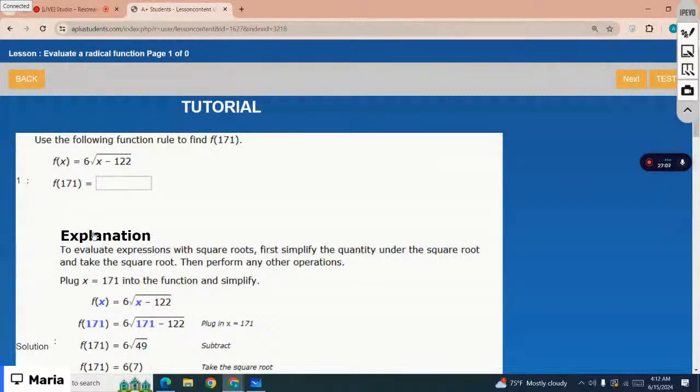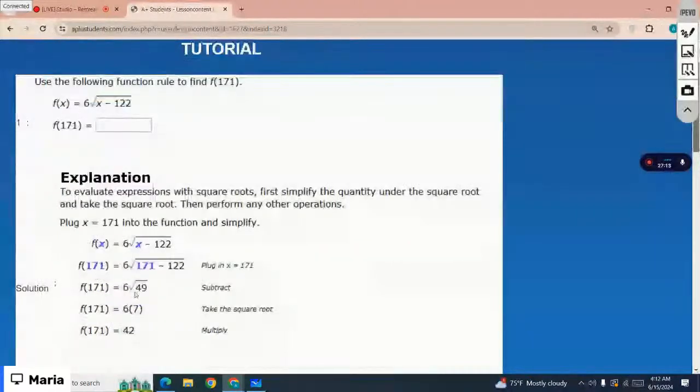So replace the x with the value 171 and then evaluate. So 171 minus 122 is 49. The square root of 49 is 7, so that would be 6 times 7 equals 42.